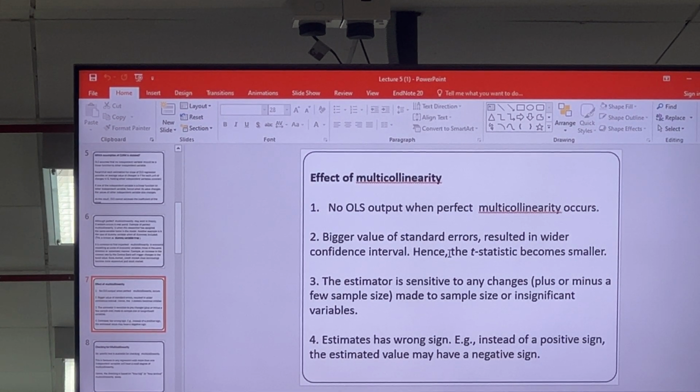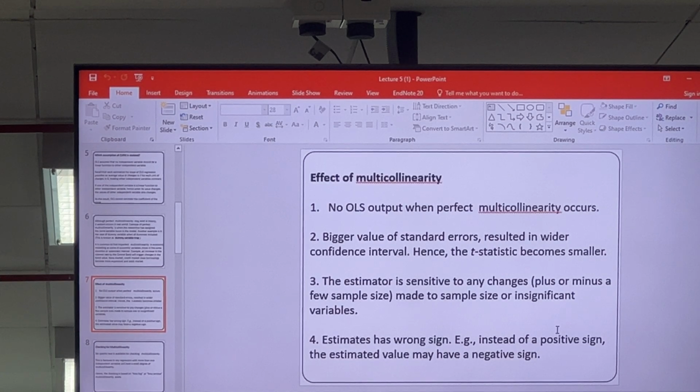The estimator is sensitive to any changes, plus or minus a few, in the sample size or insignificant variables. When we have this problem, normally if you change the sample size, you add more observations, it will cause a significant change to the value of the estimate for certain parameters.